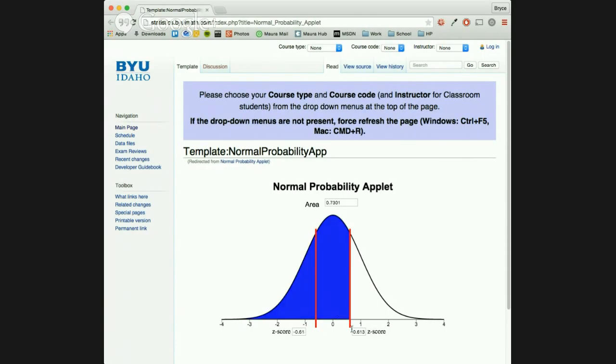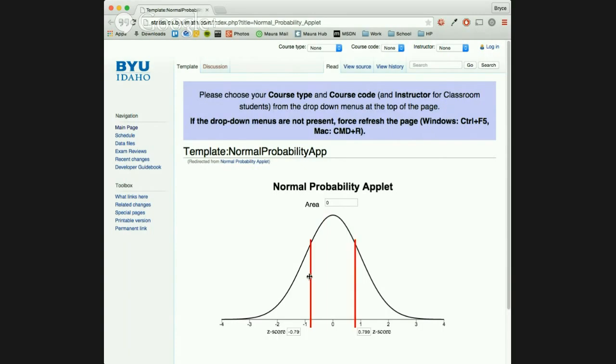So since we know this area, and if we move this and take this area, then we could figure out what that area was. Wait, do that again. I wasn't looking at the screen. Oh, sorry. So let me just do what we have here.